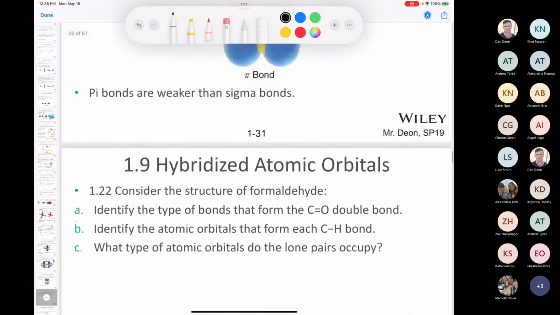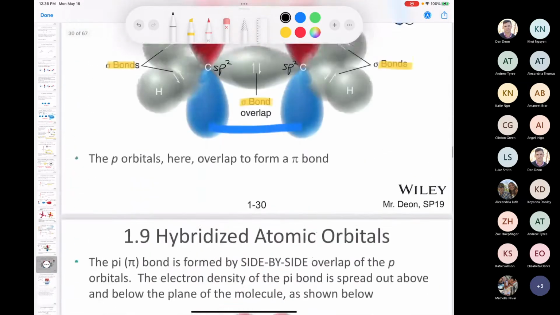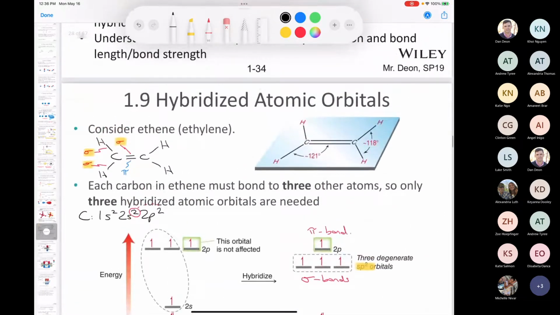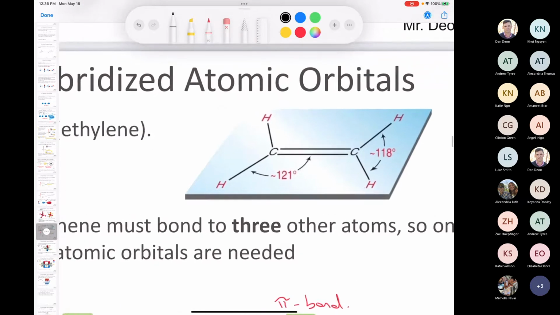Something I didn't skip, but if we go back here, is the bond angles. We're going to talk more about molecular geometry later on. But if I have 3 regions of electron density, 2 sigma bonds and 1 double bond, which counts as a region of electron density, and I want those 3 things to spread out as far as possible, they're going to adopt bond angles of around 120 degrees.